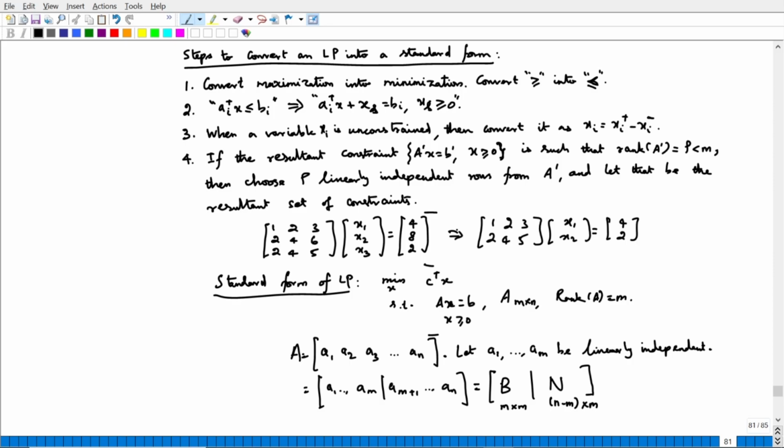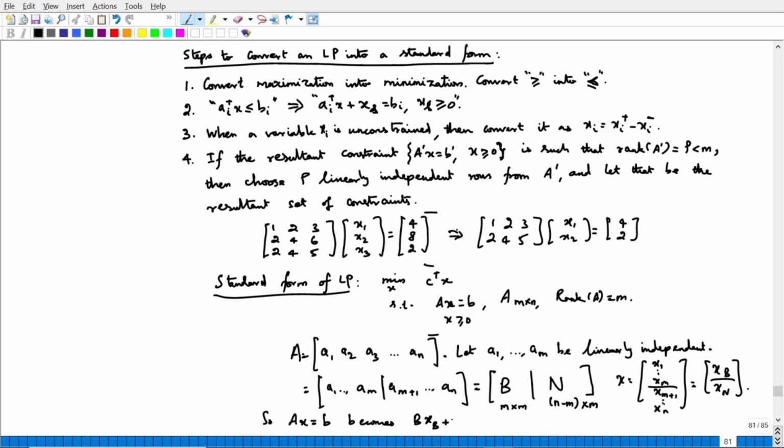Similarly for x, I will write the variables corresponding to A1 to Am as the basic variables, which in this case are x1 to xm, and the remaining variables are called non basic variables. So, I will write them as xB and xN.